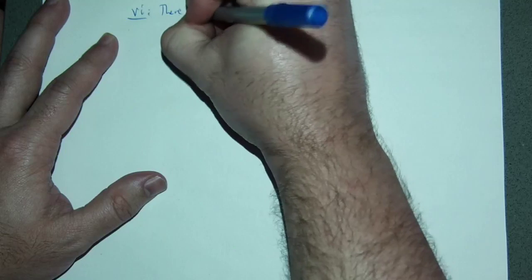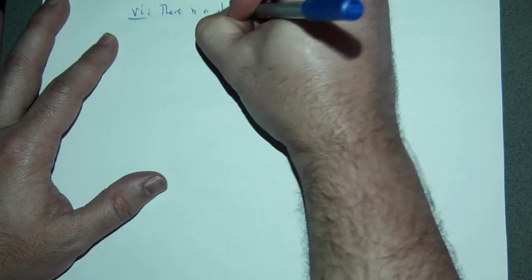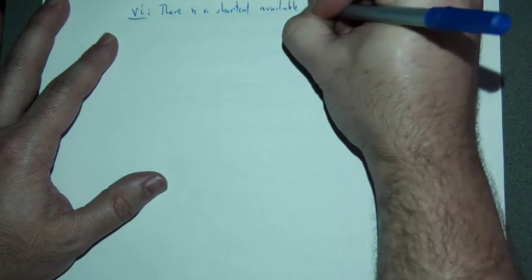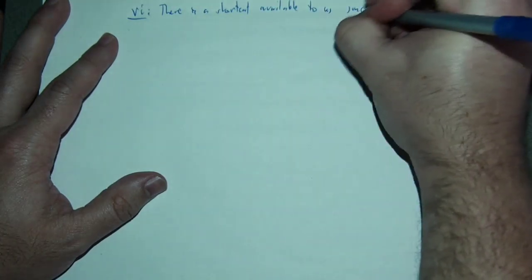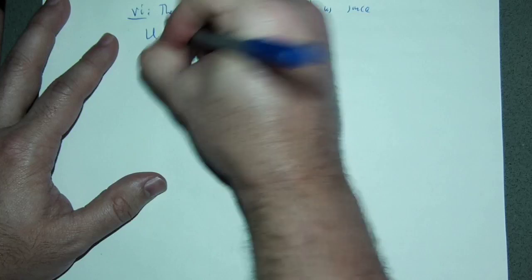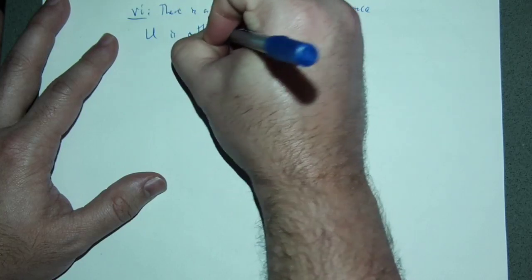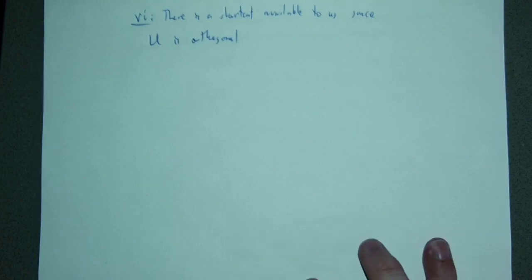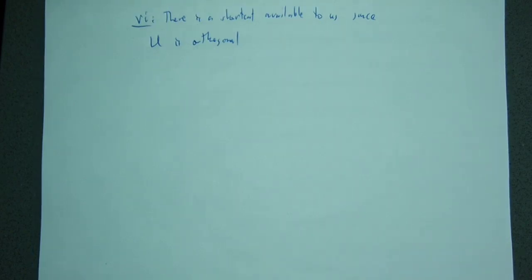So step 6, there is a shortcut available to us since U is orthogonal, which means that the columns of the character matrix B are orthonormal.